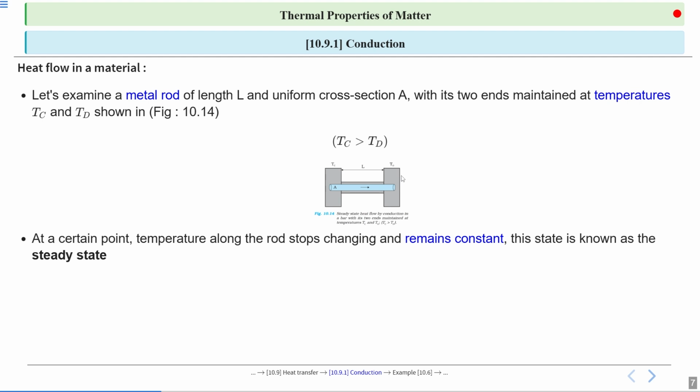At a certain point, the temperature along the rod stops changing and remains constant. This state is known as steady state. Here the temperature along the rod stops changing. It means there is no difference in temperature. For steady state, we can say the temperature at one end, Tc, is equal to the other end, Td. So Tc equals Td.